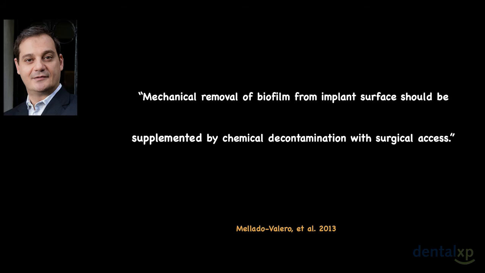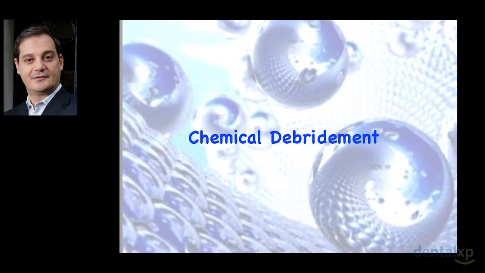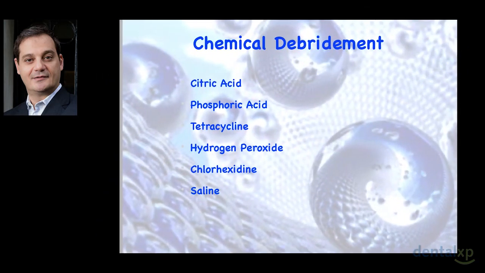If you look at Meraldo Valero in 2013, he said the mechanical removal of biofilm from the implant surface should be supplemented by chemical decontamination with the surgical access. So let's review the chemical debridement. When we look at the chemical debridement, you have citric acid, phosphoric acid, tetracycline, hydrogen peroxide, chlorhexidine, or saline.